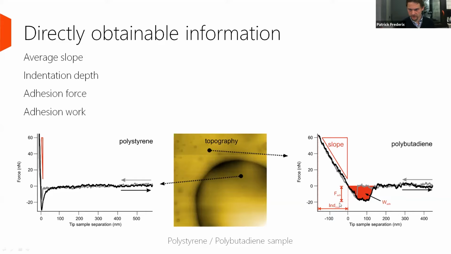Then you can measure the maximum adhesion force, or you can look at the surface under the adhesion curve, which is a measure of the adhesion work, of the work to be done to pull the cantilever away from the surface. So that gives you some adhesion properties of the tip sample interaction.